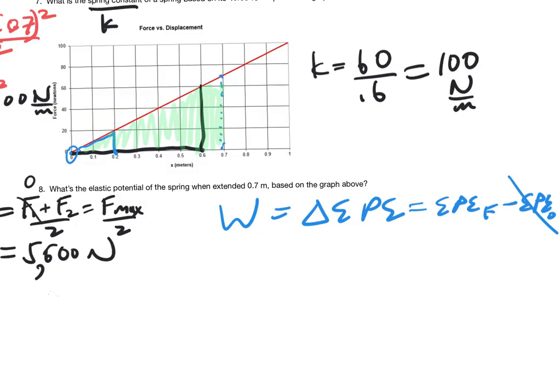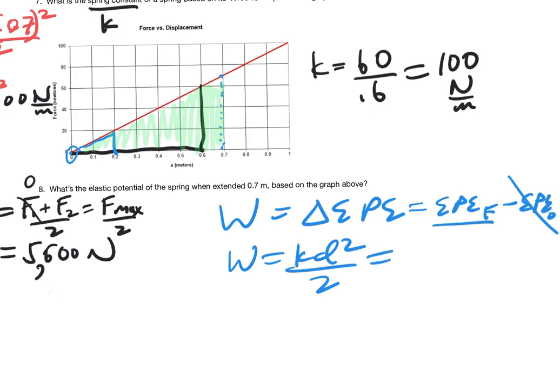So basically, elastic potential energy is the work. Work is figured out by doing the area under the curve. So whenever you have a spring, the area under the curve is the EPE that is changed. So that's work equals KD squared over 2. That's the equation for EPE.